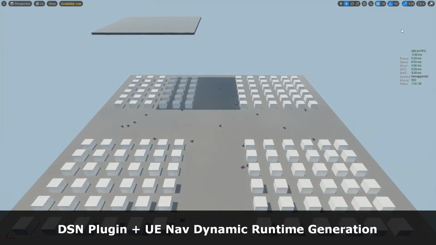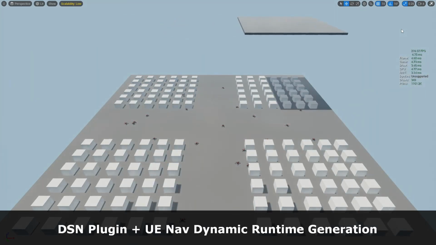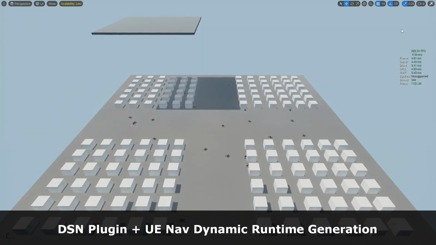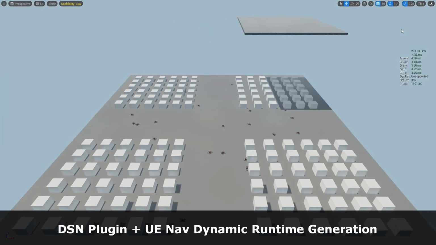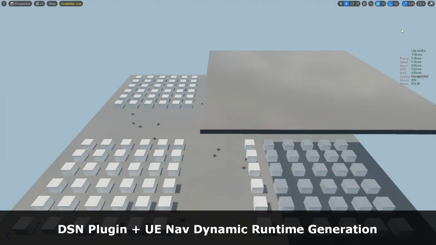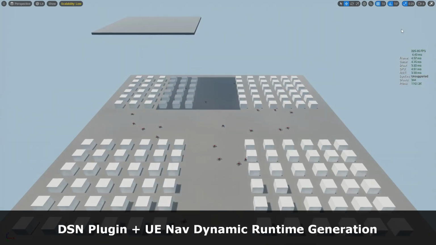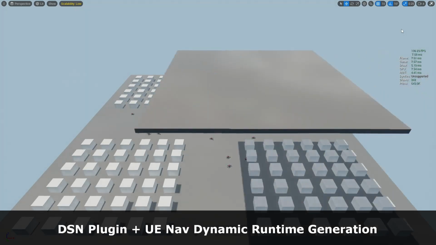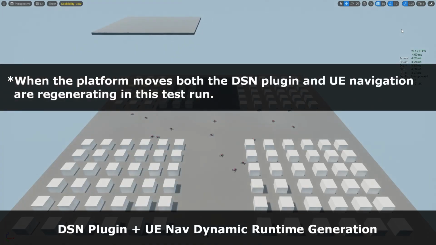On the FPS, we're typically dipping down to around 130s, 140s, sometimes even just below 130, and getting all the way back up to around 220 again. When the platform moves, it creates that dip.